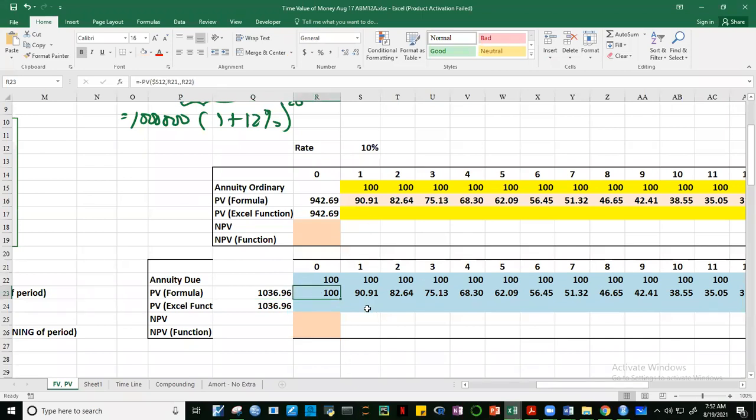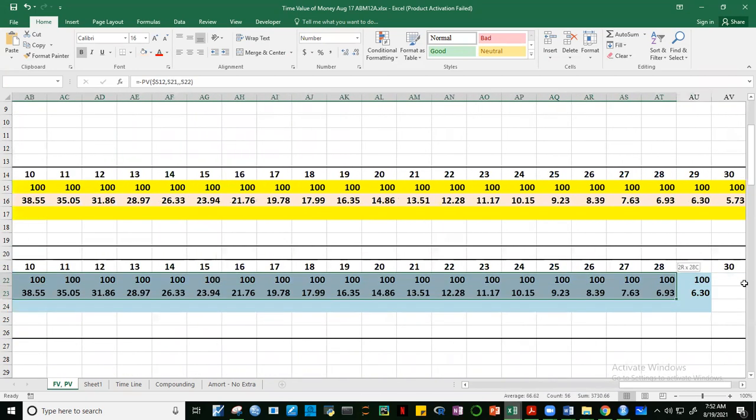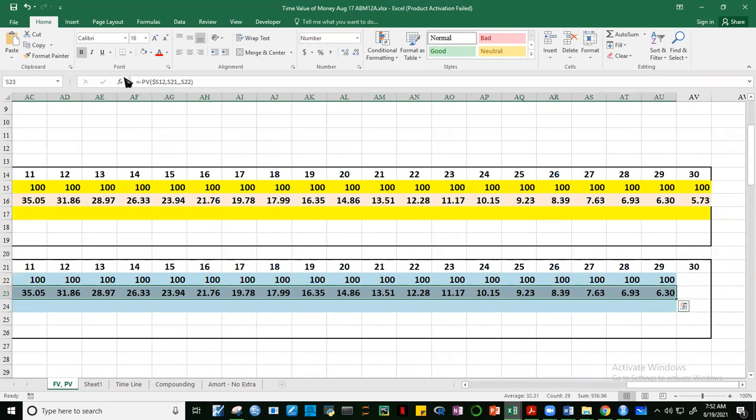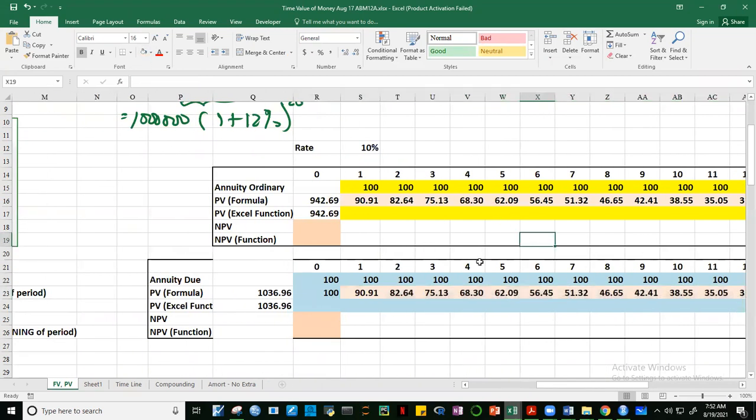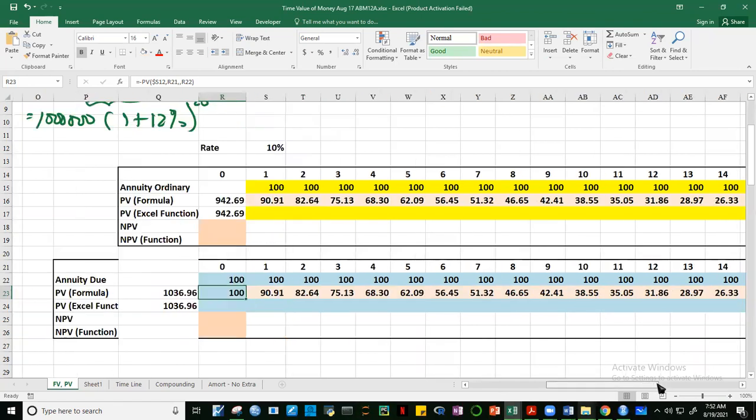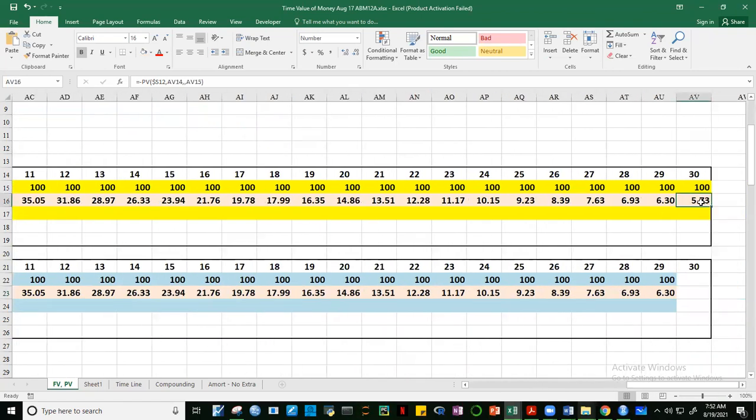Ang kaibahan ng mga present values nitong ordinary annuity at saka annuity due, ito pare-pareho lang. Yung first year, second year, they're the same. Ang difference is that sa annuity due, meron tayong 100 na present value. Dito wala. Wala tayong 100 na present value. Pero dito meron tayong 5.73. Dito naman wala.